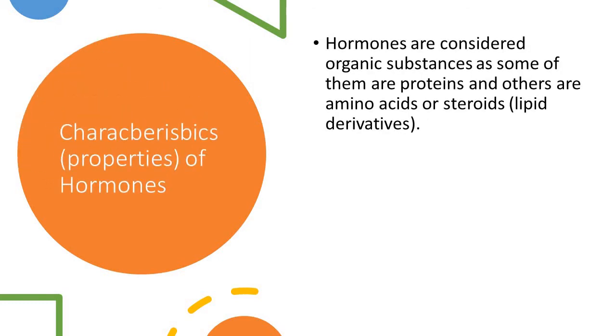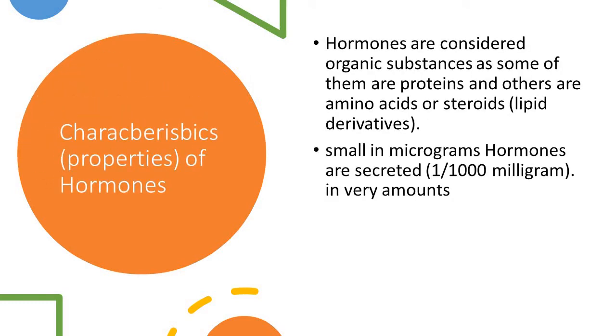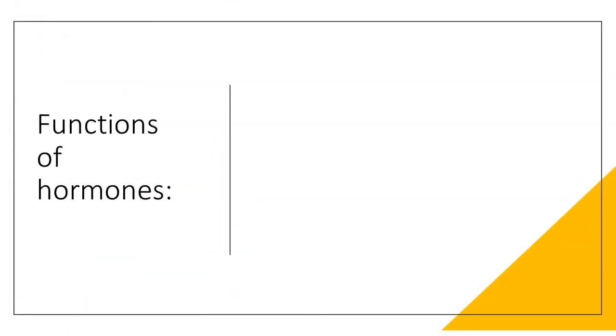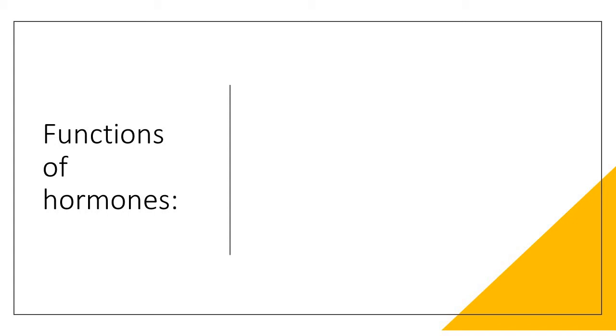Characteristics of the hormones. There are a lot of characteristics of hormones. Hormones are considered organic substances made up of protein, except of course the steroid hormones or lipid hormones, which are made up of lipids. Hormones are secreted in small amounts, maybe 1/1000 of a gram, micrograms.